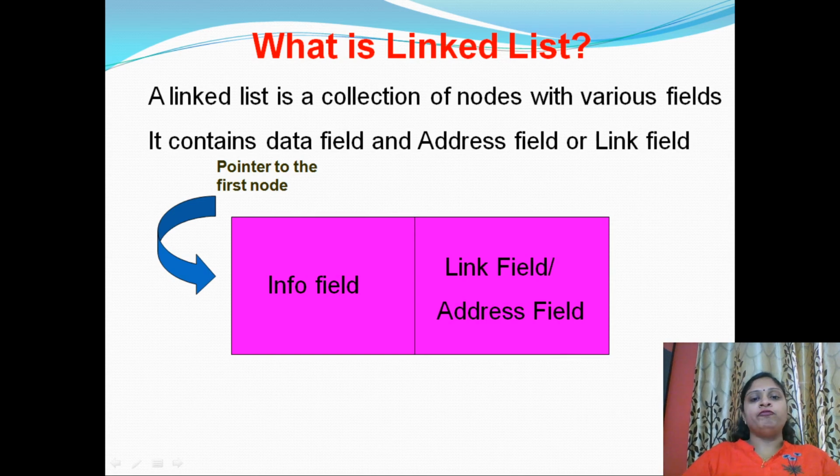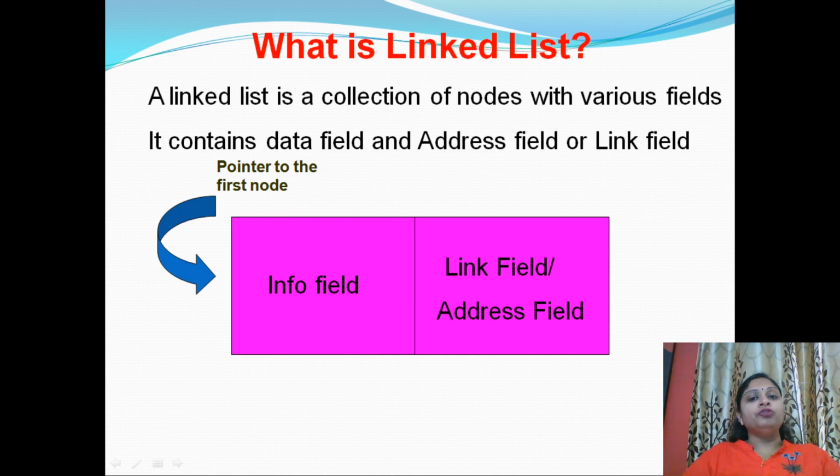In the info field or data field we can store the actual value. It could be an integer, a float, or a character. Whichever type of data you want to store, that type of linked list you can create. You can create an integer linked list, a float linked list, or a structure linked list.